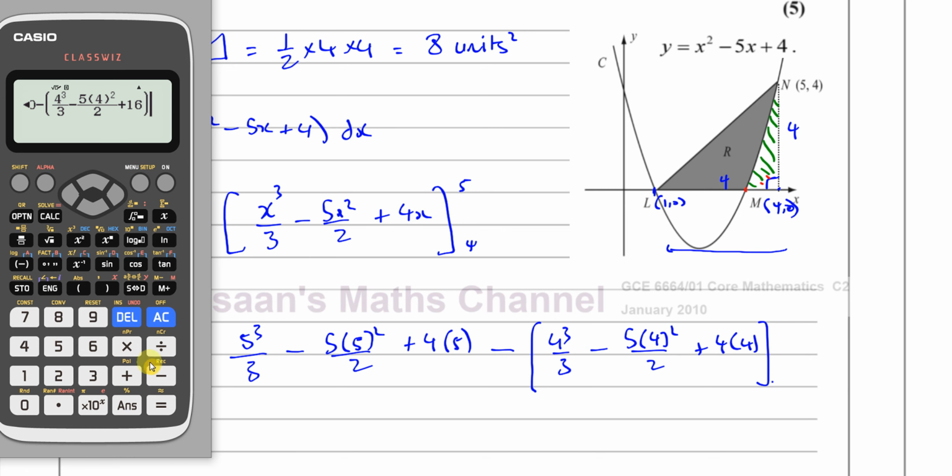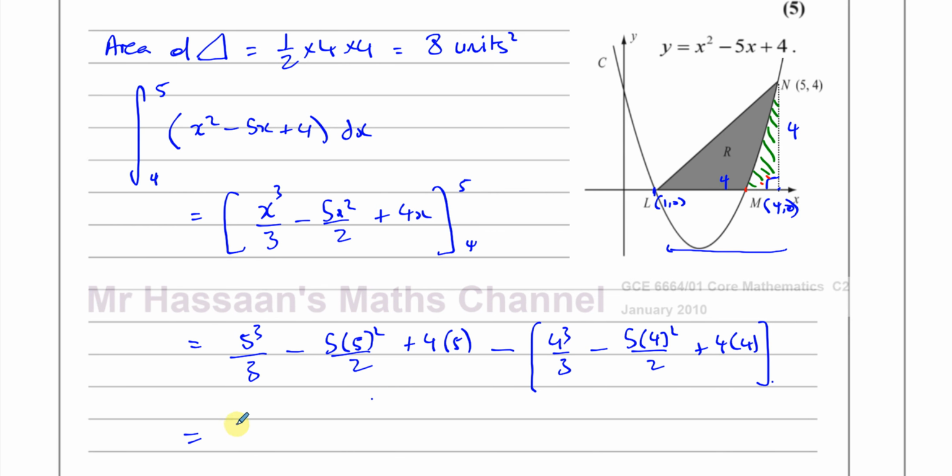Close that bracket. That gives us 11 over 6. So that's the area of this small part here.